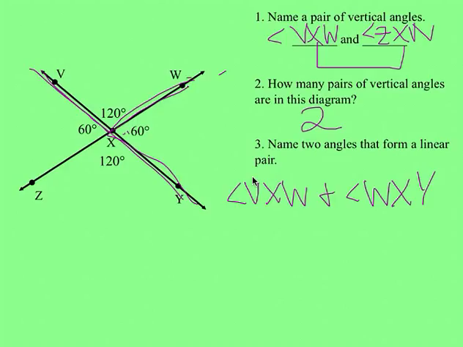But likewise, you also could have said WXY and YXZ. You also could have said YXZ and ZXV. You also could have said ZXV and VXW. All of those. So there's actually 4 different linear pairs in this problem itself.